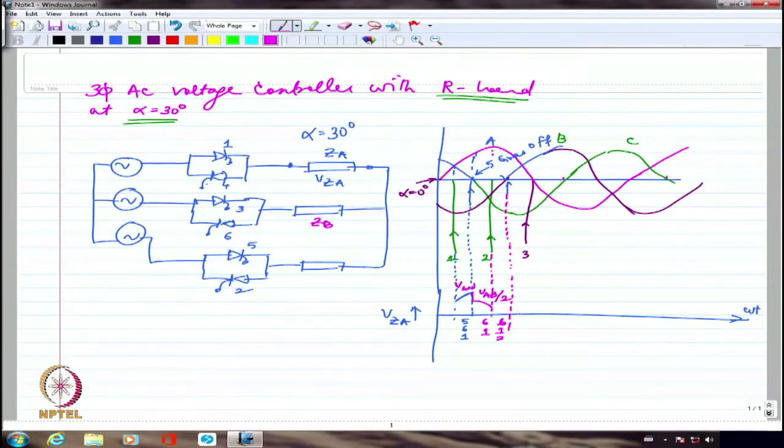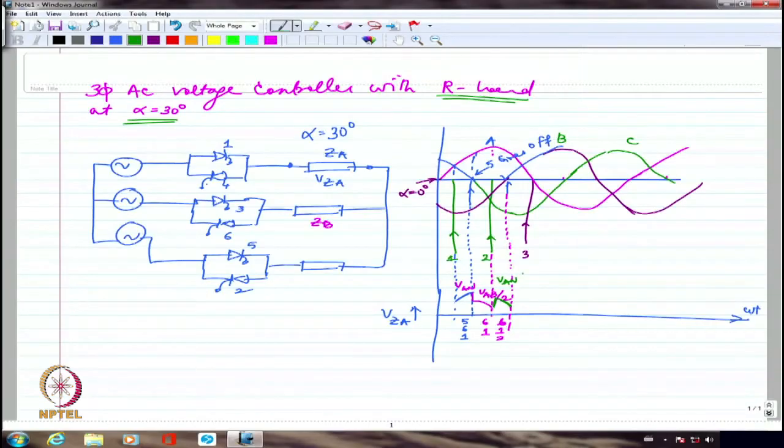If 6, 1 and 2 are conducting here, anywhere 3 devices conduct, I will have per phase voltages coming up directly. So I will have the per phase voltage, which is again VAN. So I may have a jump in the voltage, something like this, and then this is coming down. So this is again VAN during this portion.